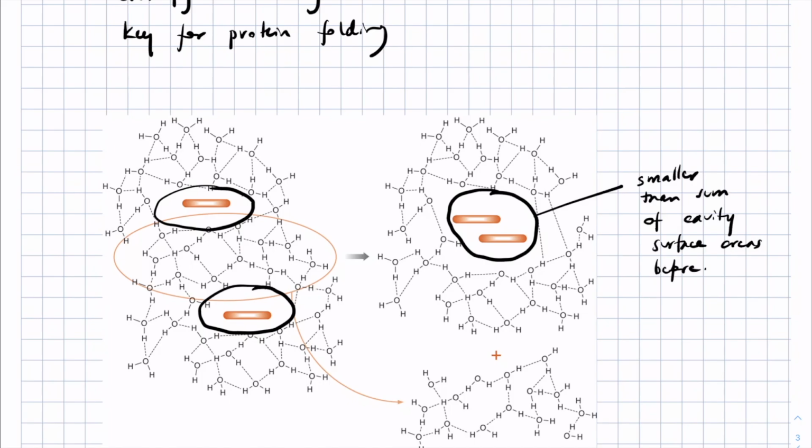So that means there are water molecules that used to be part of the area around the surface that are no longer there. They used to have lower entropy, and they used to have fewer H bonding partners.